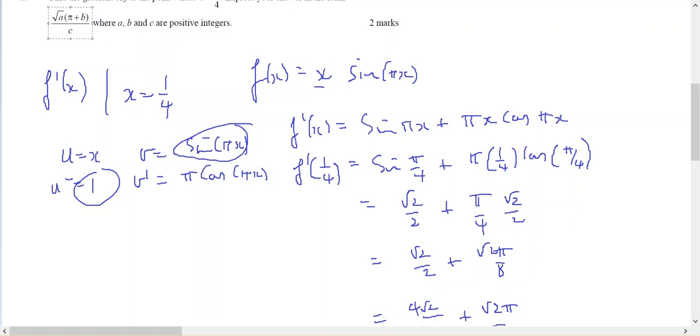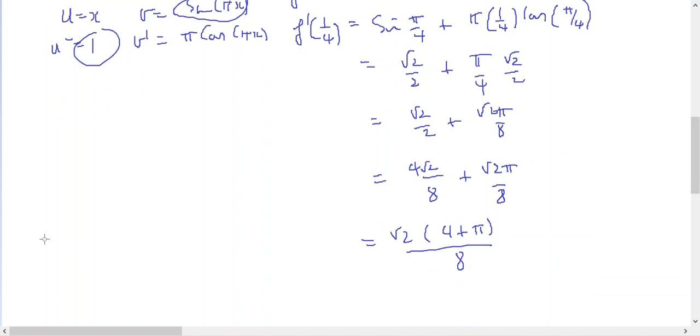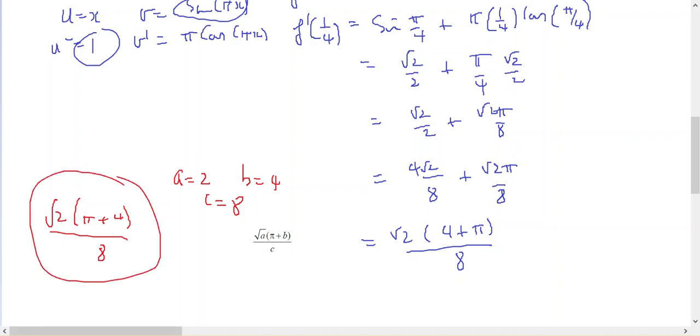And they're all positive integers, so if I copy that and paste that down here, rearranging it into the same form, I'm going to have root 2 times (pi plus 4) on top of 8. So a equals 2, b equals 4, and c equals 8, and there's going to be my answer to the gradient at x equals 1/4.